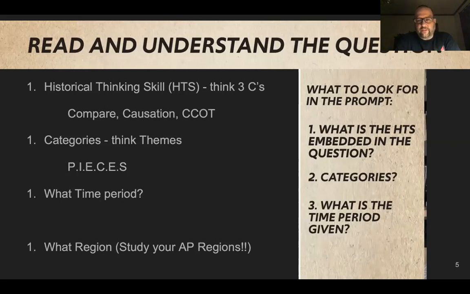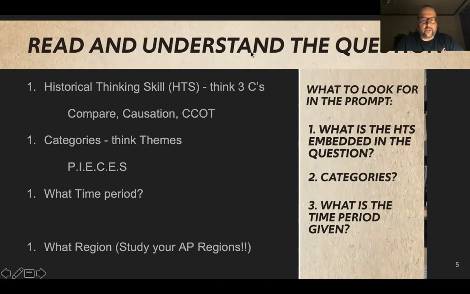In a way, you could say that's the 4th C. Then causation, talking about why something happened, and CCOT, which means change and continuity over time. In other words, what has changed and what has stayed the same.